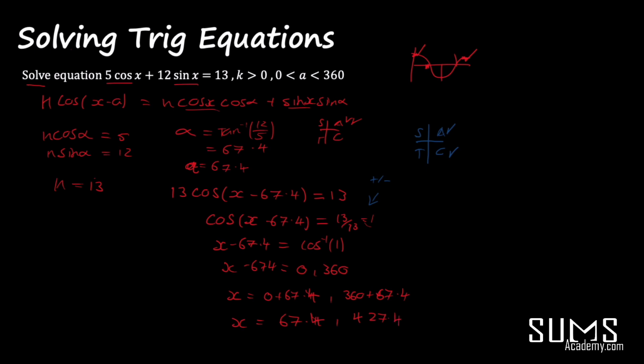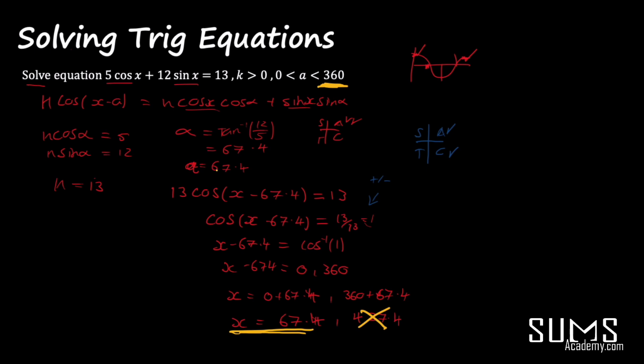Okay, and remember here, it's only asking between 0 and 360, so this is not a valid solution. So our final answer is this: x equals 67.4, and that's when you'll get a value of 13.